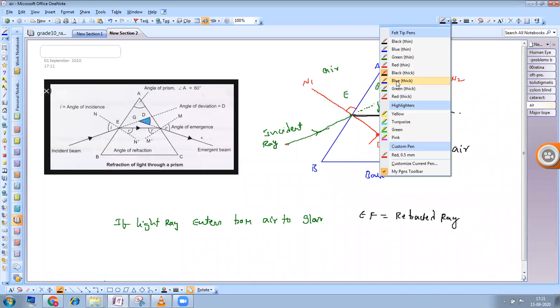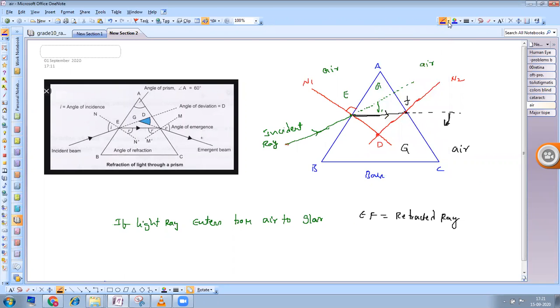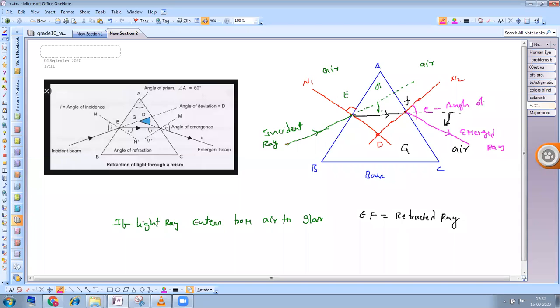I will go with a pink color line. See this one. The light ray which is coming out from AC is called the emergent ray. The angle between the normal at this surface and the emergent ray is called the angle of emergence.